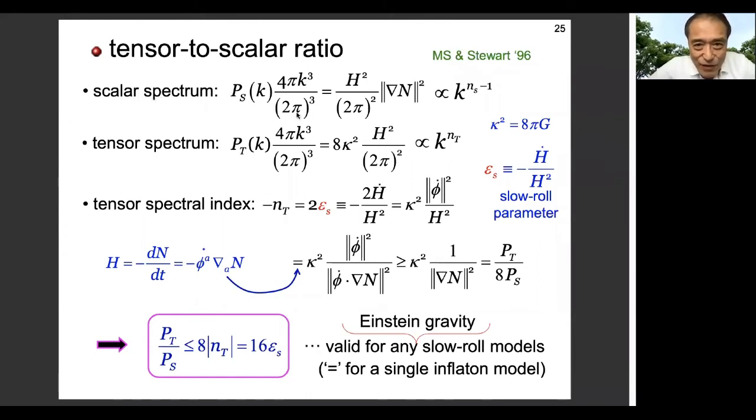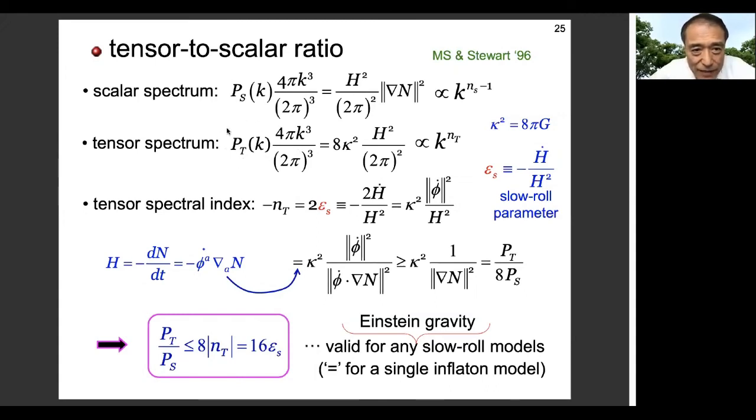In this fairly simple case of a multi-scalar field, say canonical scalar fields, the total amplitude of the scalar perturbation, which is essentially what we call the curvature perturbation spectrum, will be given in this form: the square of nabla N times H squared divided by 2 pi squared.